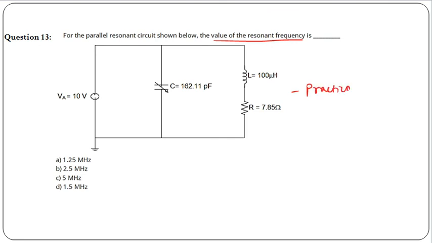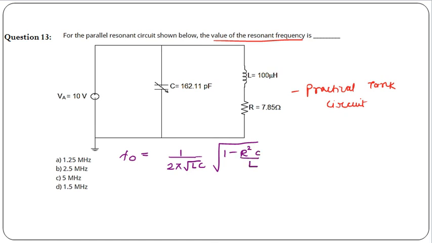In the previous lecture we have seen the formula for the resonating frequency in case of a practical tank circuit. So this f naught formula is given by 1 by 2 pi root L C into square root of 1 minus R square C by L. Okay, so this is the formula.